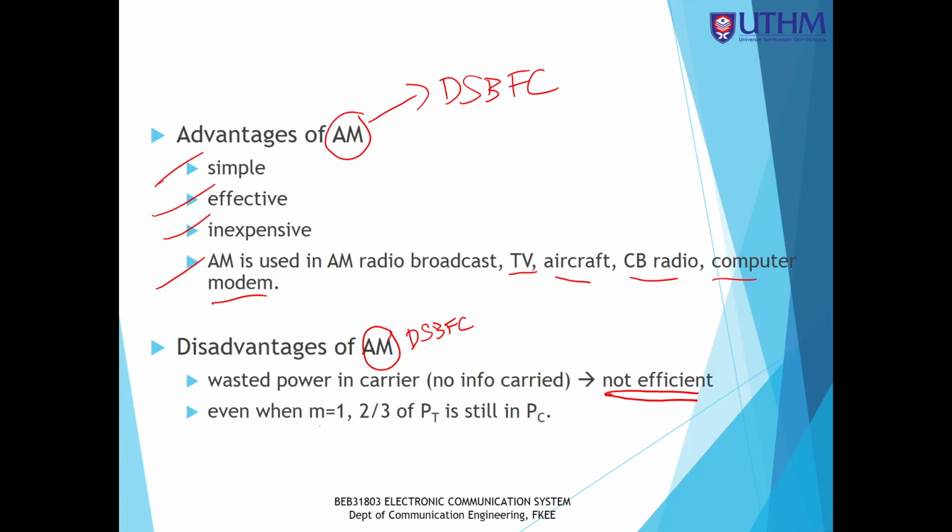Even when m equals 1 in the ideal case, 2/3 of the total power belongs to the carrier, where the carrier does not carry any information. I will explain this statement later when we learn about the power calculation. I will show you why it is a waste of power. Kenapa membazir power? Why? You will learn about this later in the power calculation topic.